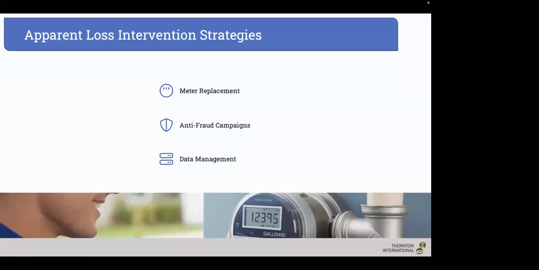Public awareness initiatives: not always do you have to work in the field, work with your assets. Sometimes you just need to work with the public, with your customers. And data management: improve your information systems and billing process to reduce errors and ensure all consumption is properly accounted for and billed.